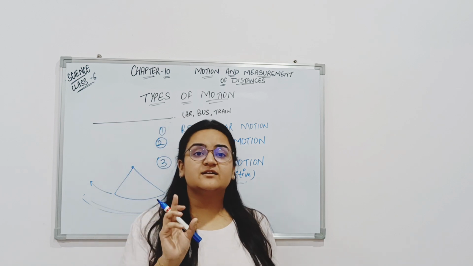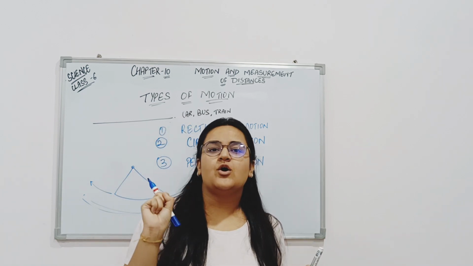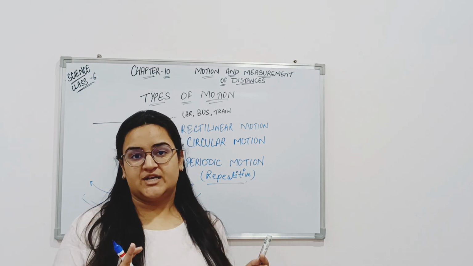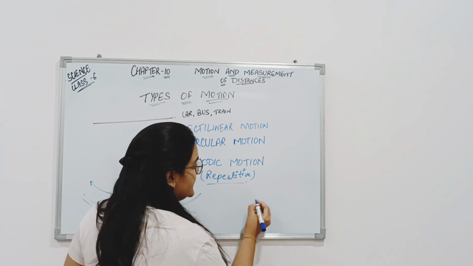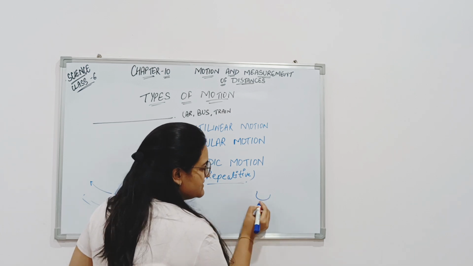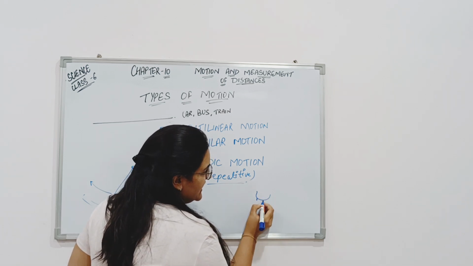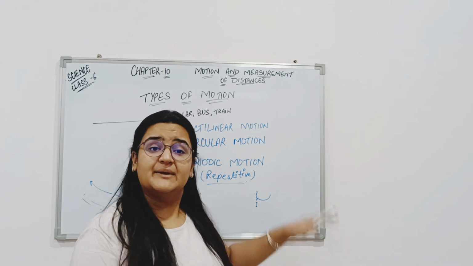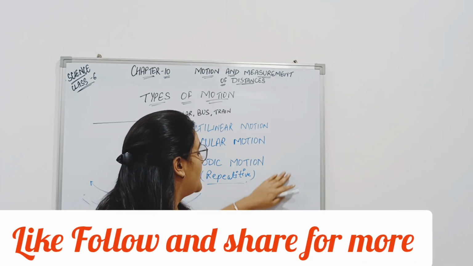If you observe only the needle of that sewing machine, its movement is also periodic motion. How? This is the machine, and this is the needle. Now I am not good at drawing. It goes up and down, up and down. So this up and down motion is also a periodic motion.